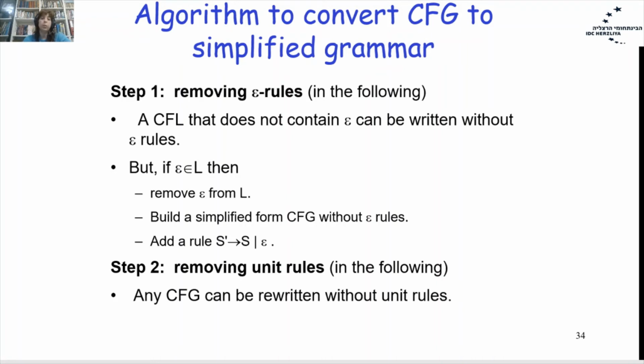But if epsilon belongs to L, then we remove epsilon from L. We will build a simplified form of the context-free grammar without epsilon rules, and at the end, we will add a rule S' derives S or epsilon, since epsilon belongs to the language. The next step after removing all epsilon rules will be removing unit rules. Once again, I will explain the technique in a few moments. Any context-free grammar can be rewritten without unit rules.